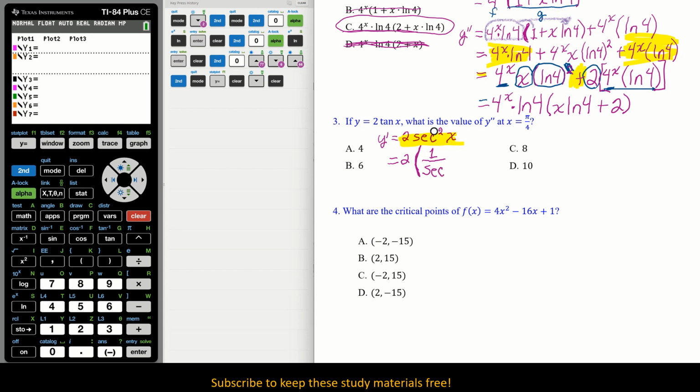Oh, not secant. Sorry. I was just copying what I was writing. It is actually cosine x, and we square it. So then in the calculator, you will have 1 over cosine squared x.